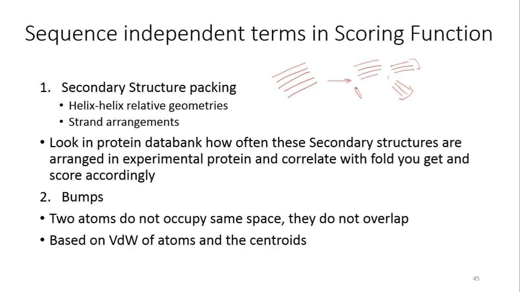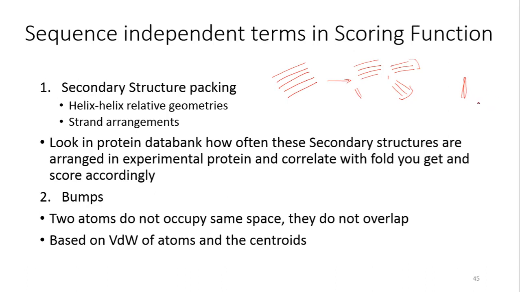So in short, if your algorithm ends up identifying only one strand, that means that something is not right and the identified fold thus should be scored low.